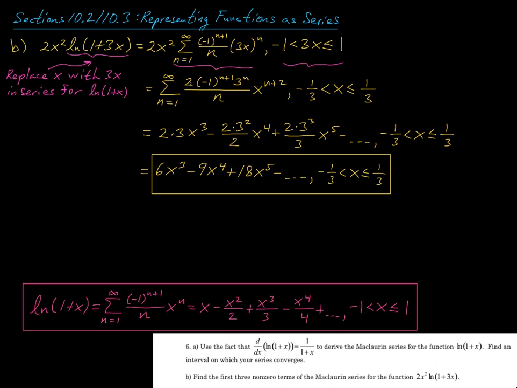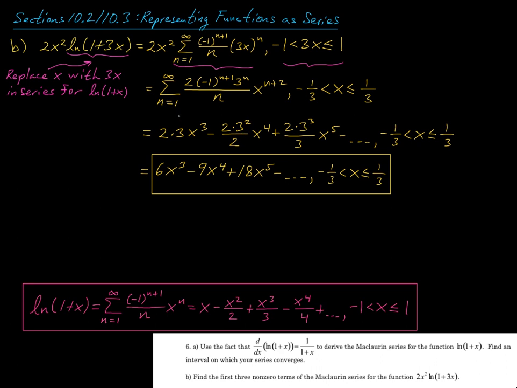When n is 2, I have 2 times -1 cubed, so that's a -1, times 3 squared over 2, so you see that coefficient right here, and then I have x to the 4th. And that simplifies to -9x to the 4th.